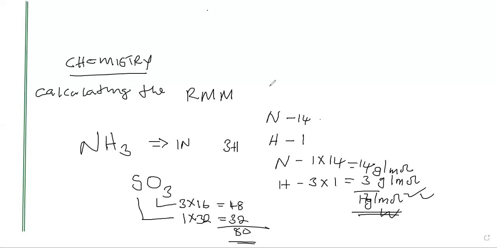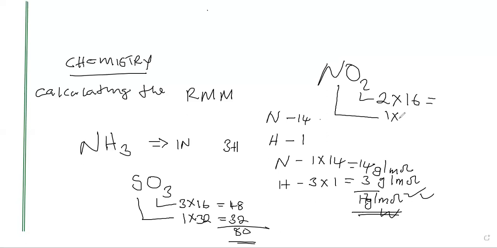Now, what if we have nitrogen dioxide? Here, how many atoms of oxygen do we have? We have 2 of them, multiplying by the mass number for oxygen, which is 16. The next one is nitrogen. How many nitrogens do we have? We only have 1 nitrogen.